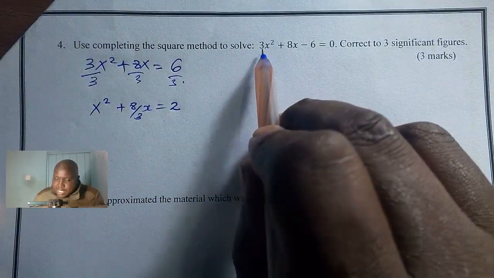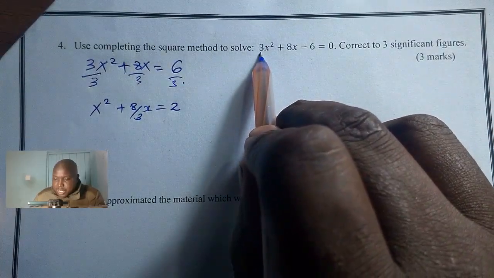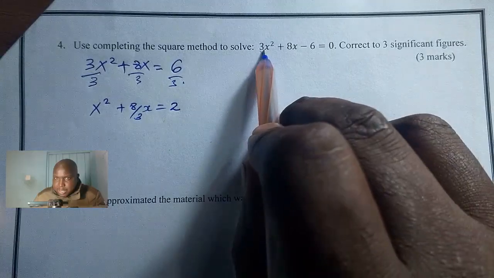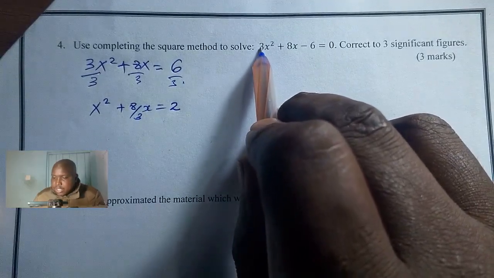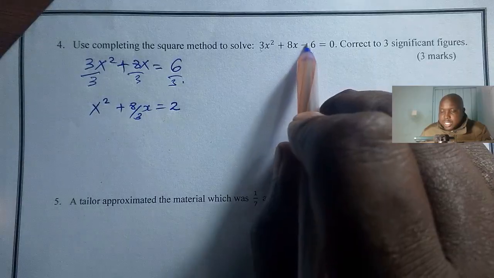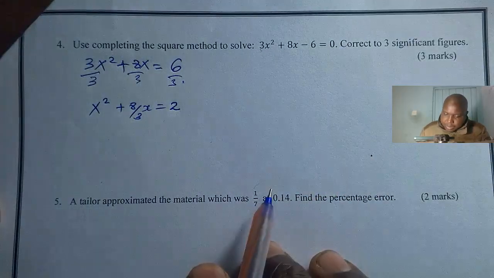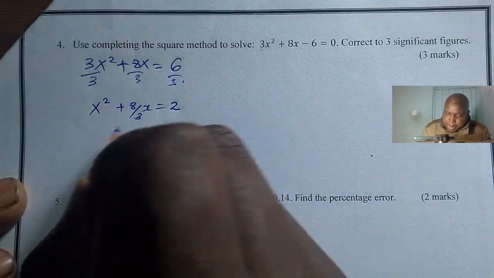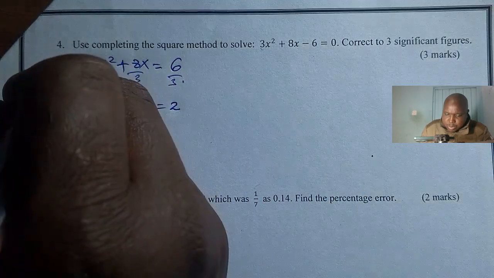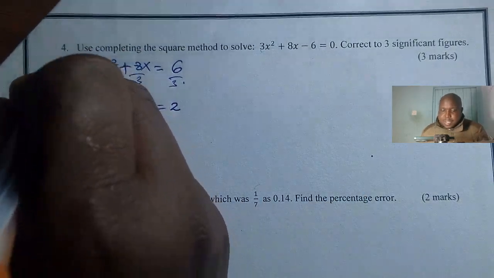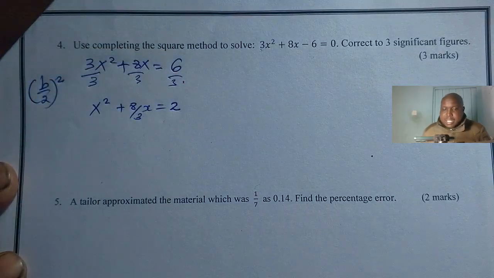First, make sure you remove this 3 here, or any number which is in front of the x square. Make sure the coefficient remains 1. And the constant c is always taken to the right side. Having done this, you need to remember b over 2 squared is equal to c.